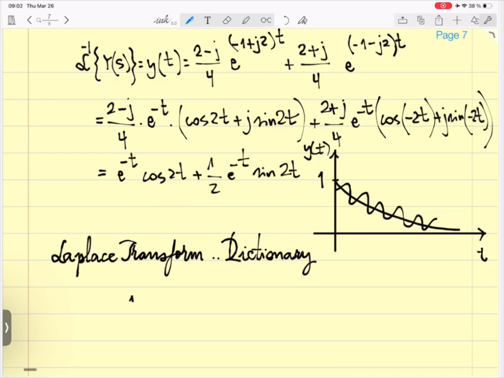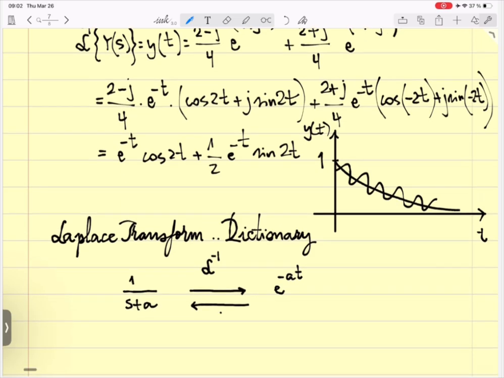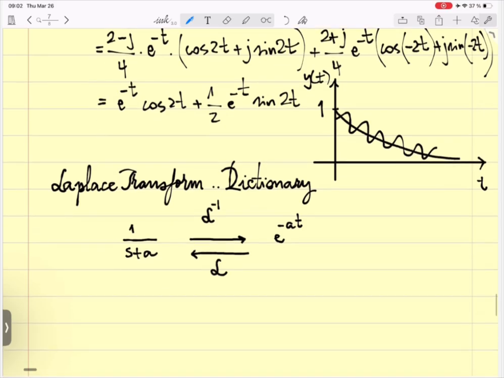If we have 1 divided by (s plus a), then applying the inverse Laplace will yield e to the minus at, and applying Laplace to e to the minus at will yield 1 divided by (s plus a).